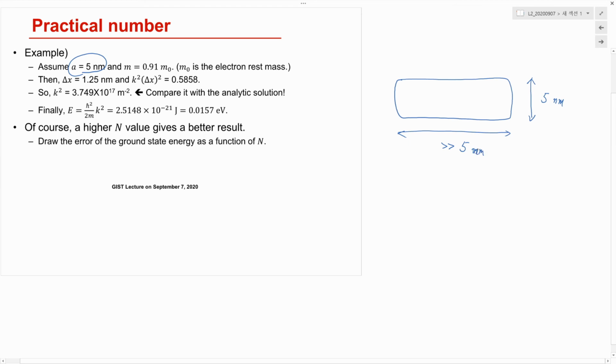That is the system of our interest. Here A corresponds to the vertical direction confinement. Here we are talking about the vertical direction view, and when we introduce a mass of 0.91 times the electron rest mass, we can find a certain physical interpretation of these numbers. So this is also up to you. Please read it, and if you have questions, please let me know.